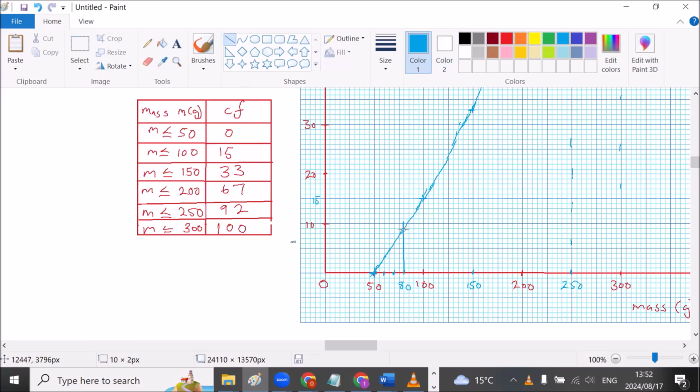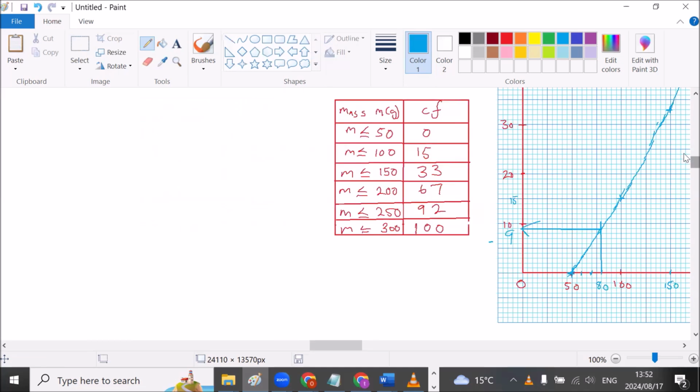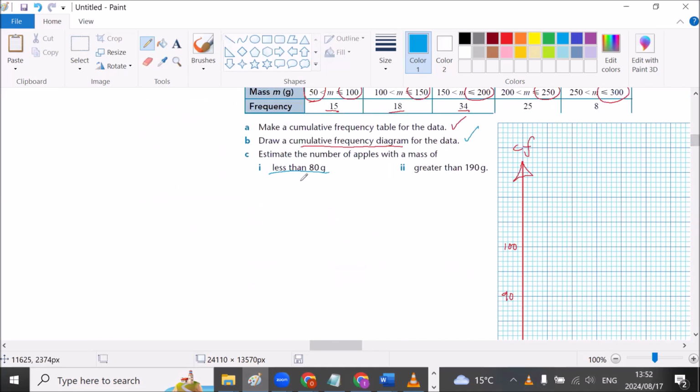And where it meets our graph, we draw a horizontal and read off this value, which is 9. One small square is representing 1 unit here on the vertical axis. The number of apples that are less than 80 grams is 9.